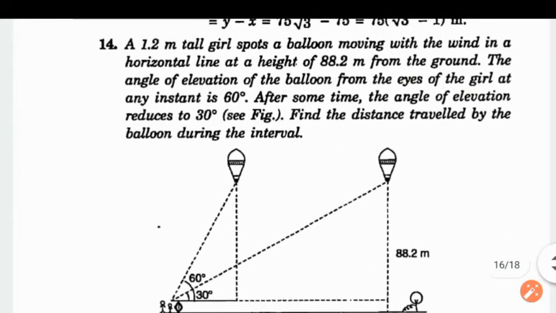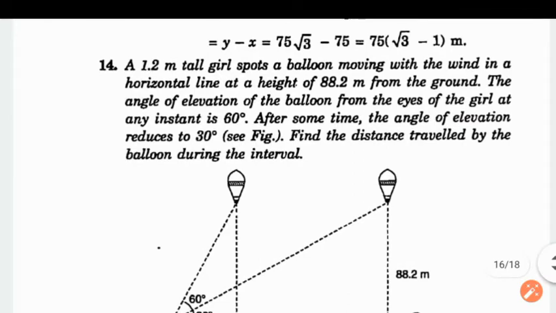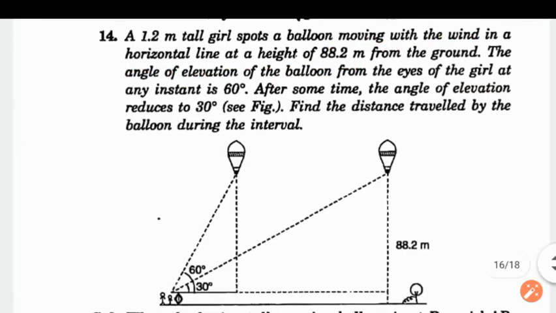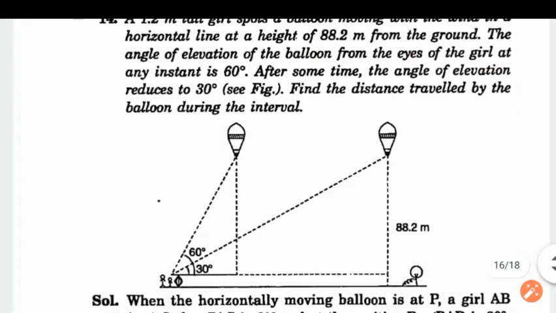Again, for question number 14, the figure is already provided. We have a 1.2 meter tall girl who spots a balloon moving with the wind in a horizontal line at a height of 88.2 meter above the ground. See the figure, here we have one girl.